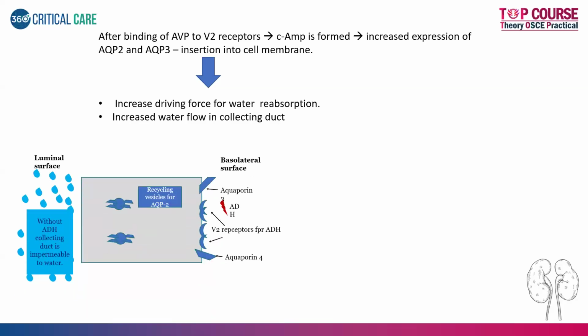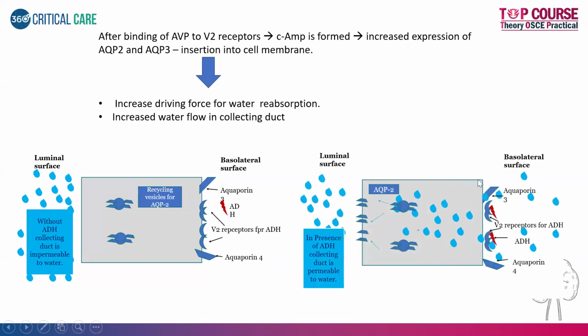What usually happens is, if this is the nephron, this is the luminal surface, this is the basolateral surface. Whenever there is an aquaporin channel which is present in the basolateral surface and there is no ADH present, the aquaporin channels are usually present inside the cell. So the V2 receptors are present here. What happens when there is presence of ADH?